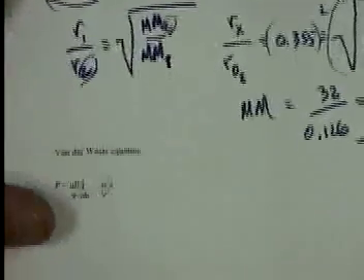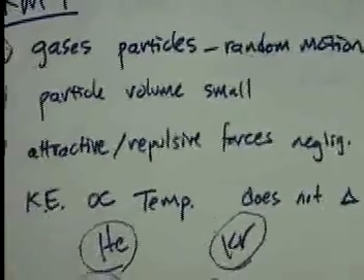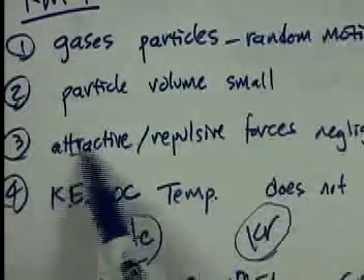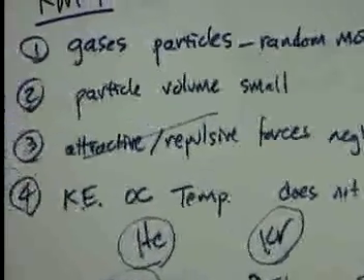Well, we talked about the situation where we made some assumptions in the gas laws. We assumed that gas particles were in constant random motion. We assumed that the particle volume was small. We ignored these attractive and repulsive forces, and we assumed that the kinetic energy was directly related to temperature.